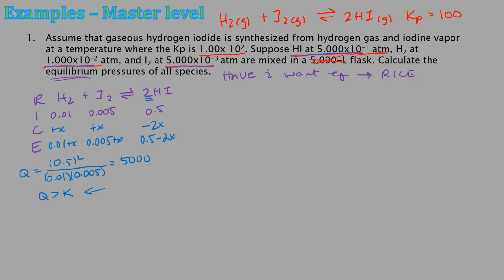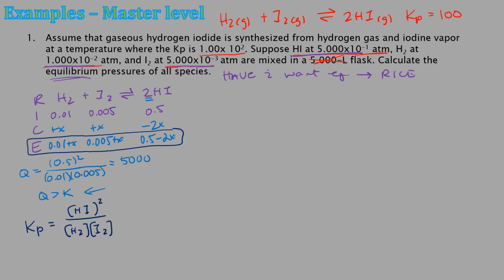So I can take these values and plug them into an equilibrium expression that I haven't written yet. So my equilibrium expression, just in general, Kp is going to be equal to HI squared divided by H2 times I2. So I'm going to plug those into that, and I'm going to write it up here at the top.